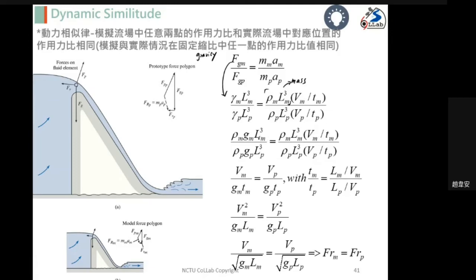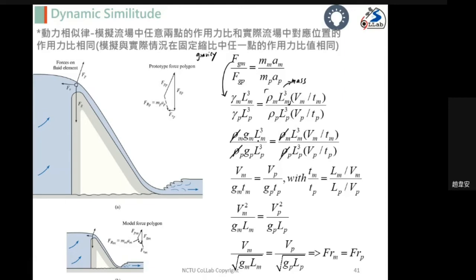So we can cancel out some parameters. The first one, the density, would be the same if we have the same temperature and pressure. And usually for water, we assume the flow is incompressible.